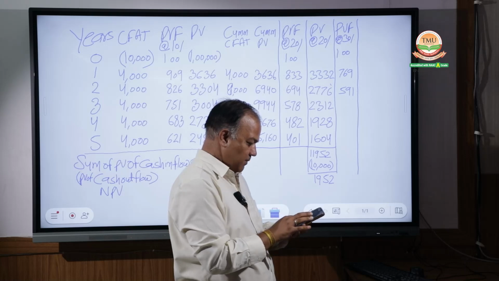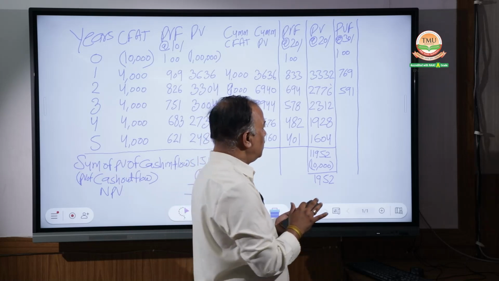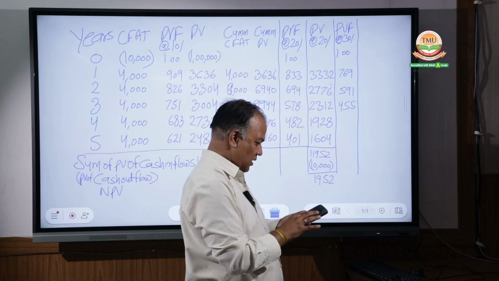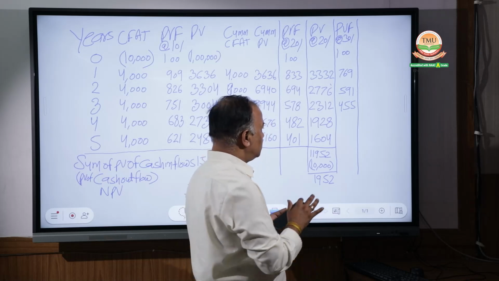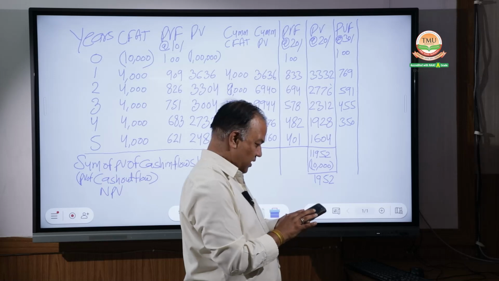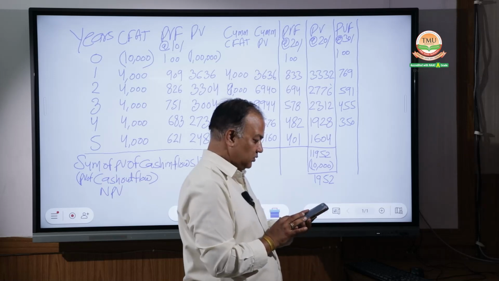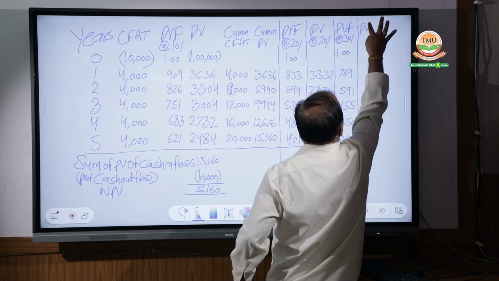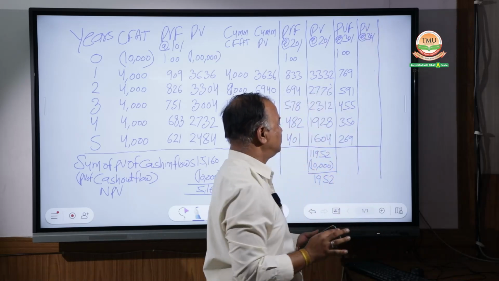Into 100 by 130, 0.455. Into 100 by 130, 0.350. This is 0.269. Again, same thing, present value at 30%.